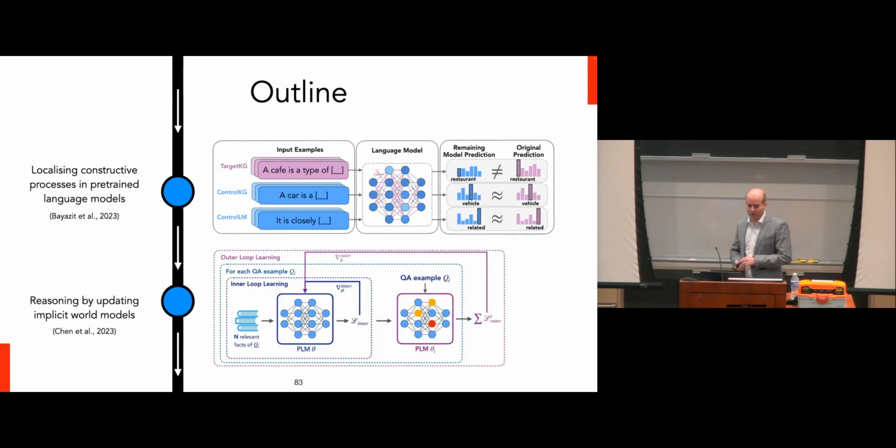In the second part of this work, I showed you how we might learn to modify those same processes that we use to encode information in order to make models better reasoners. In other words, how can we use the internal representations of the systems to make them reason about situations that they haven't necessarily seen before.